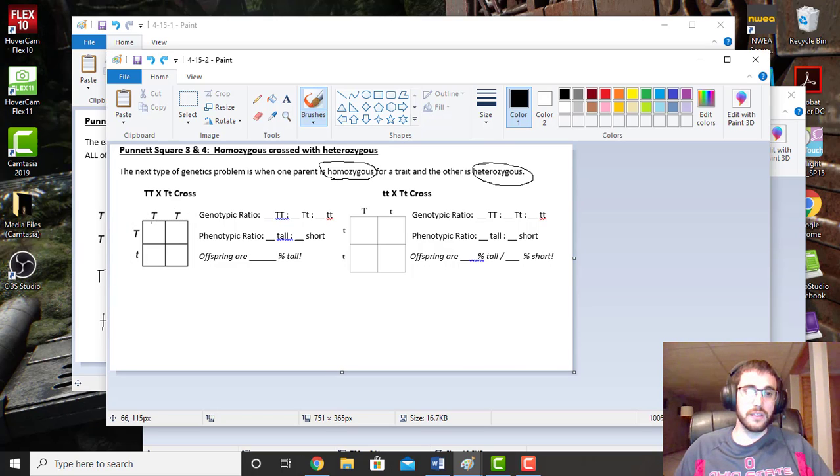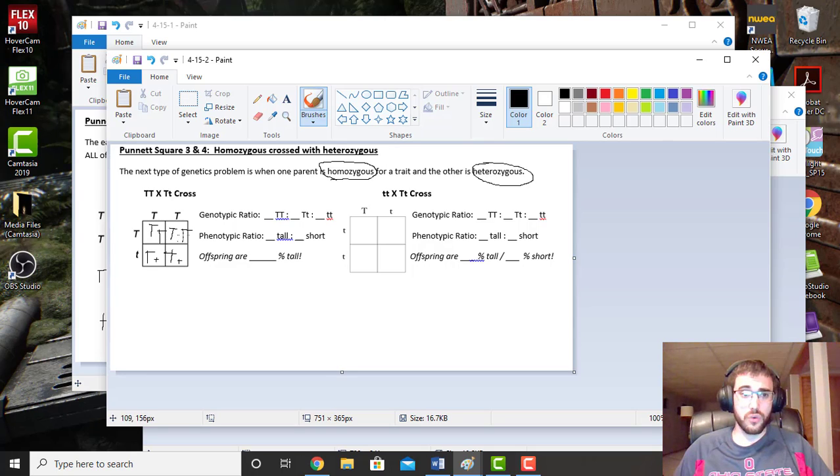We're going to take this big T and bring it down into both squares. And this big T, we're also going to bring down into both squares. This big T over to the right to both squares, and this little t over to the right to both squares. So this time our results are a little bit different than what we got before.